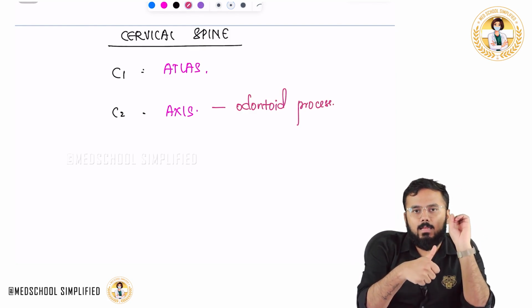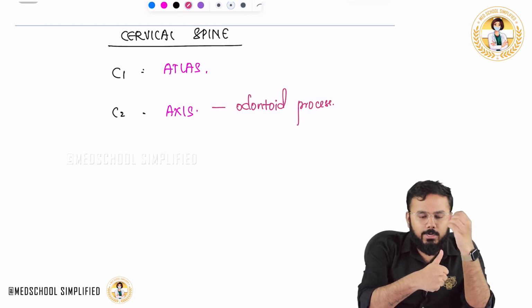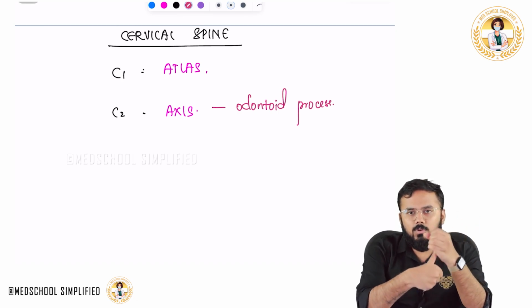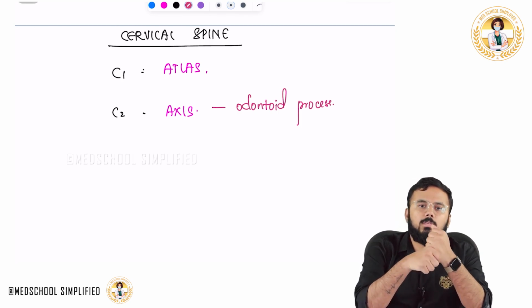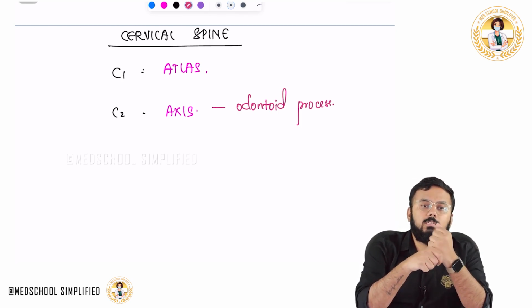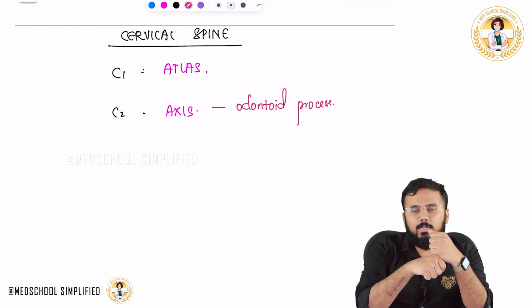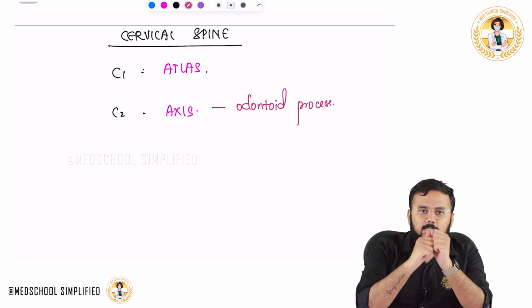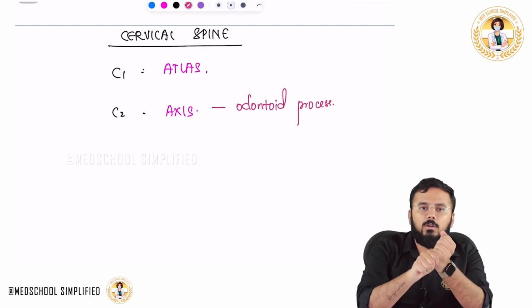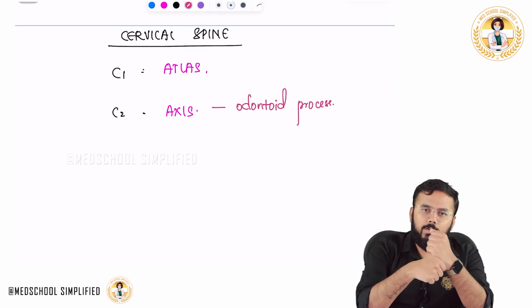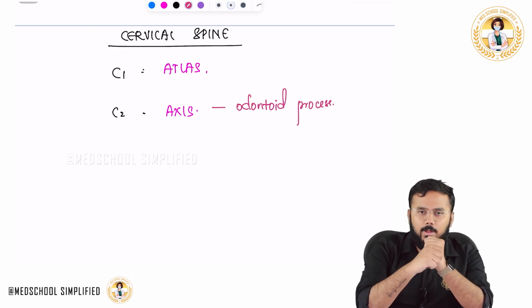The atlas has an opening here. The odontoid process fits into this opening, and that is the reason why the joint that is formed is called the atlanto-axial joint, formed between atlas and axis. So you can rotate your head to and fro, right and left, up and down.